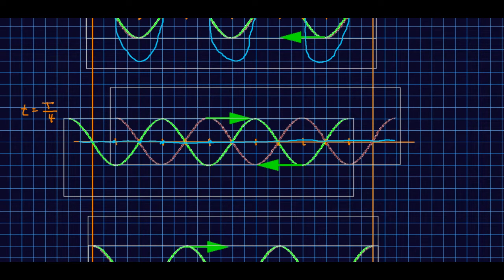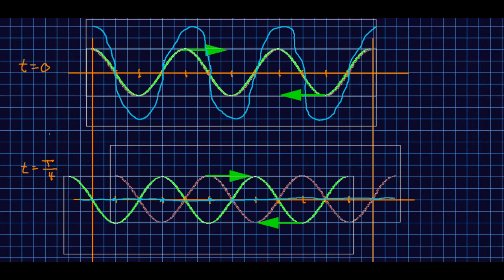Now, I just want to point out that before, there were places where the displacement was 0, here, and here, and here, and so on. And there were places in between where the displacements were big.